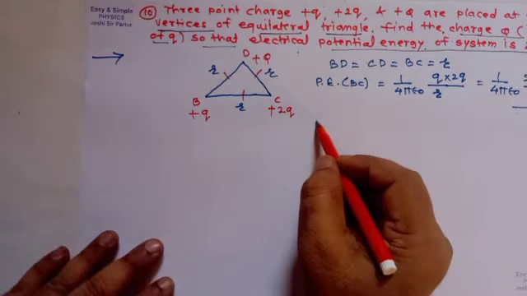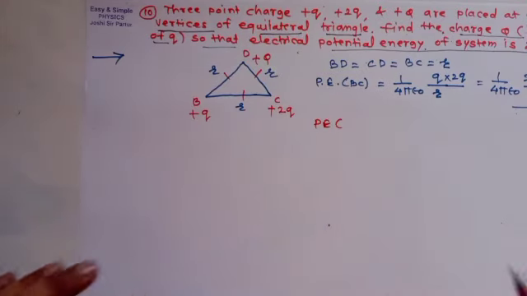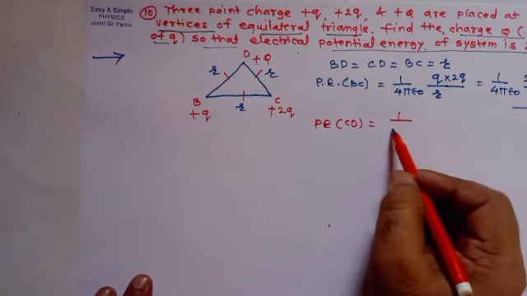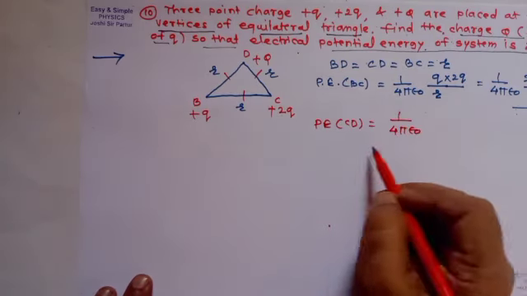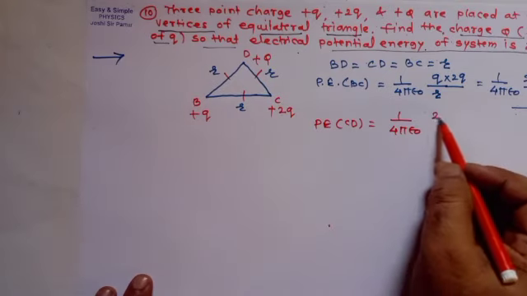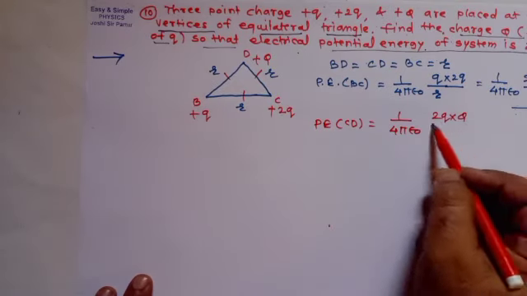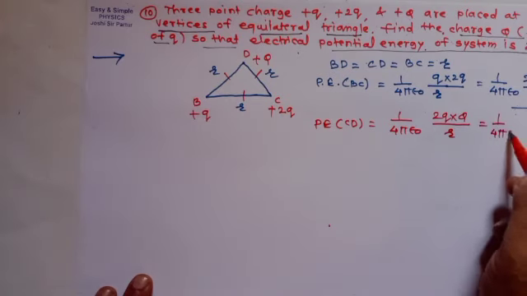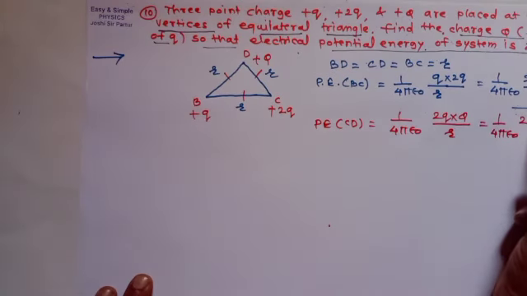Potential energy for side CD is given as 1/4 pi epsilon 0 times 2q multiplied by capital Q upon R, meaning 1/4 pi epsilon 0 times 2 capital Q small q upon R, equation number 2.